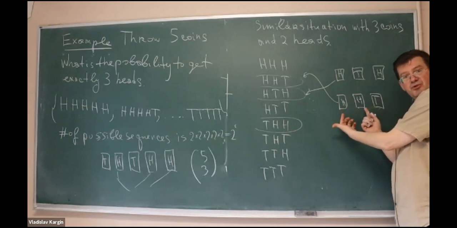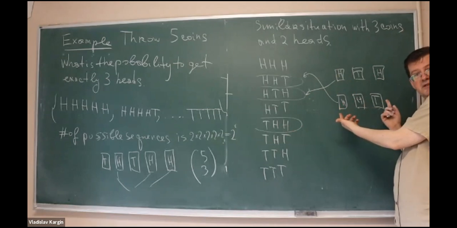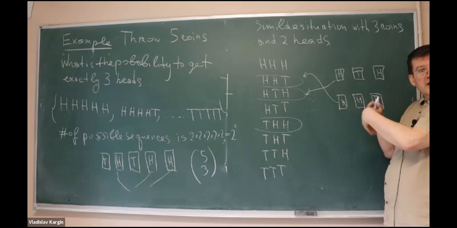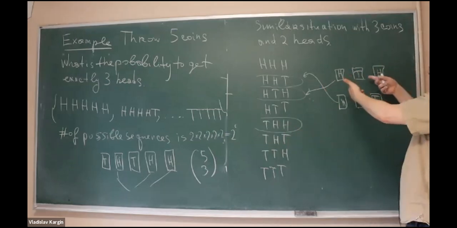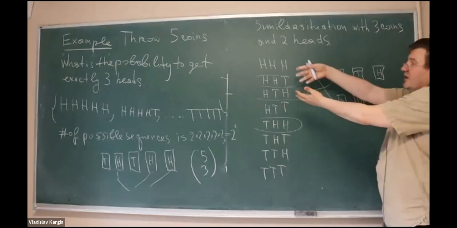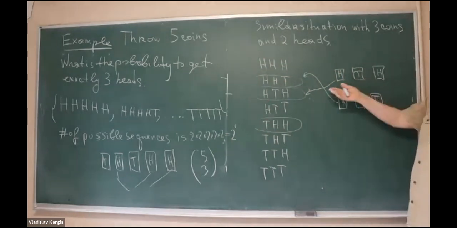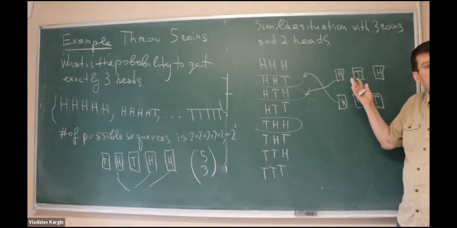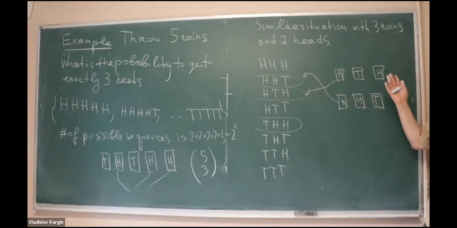So first of all, every choice of mine corresponds to a valid sequence. Second, if I make different choices, they will correspond to different sequences. This is my way to count the number of possible sequences that have 2 heads.